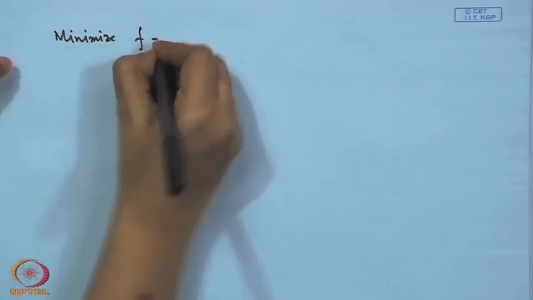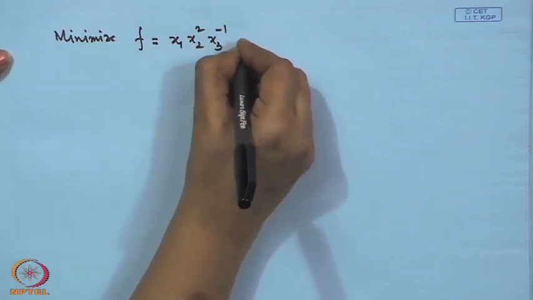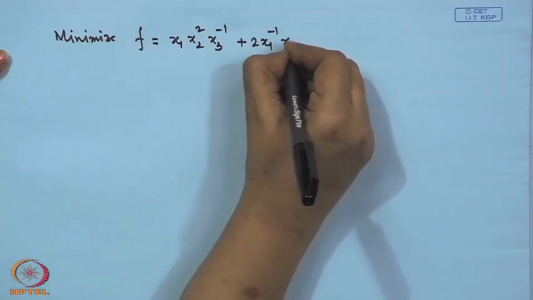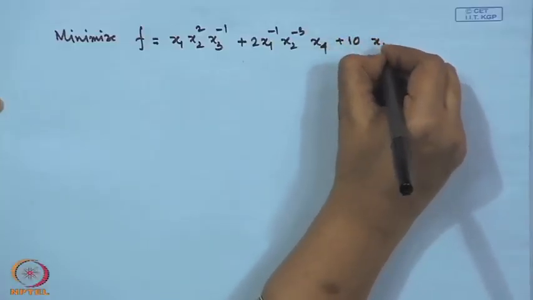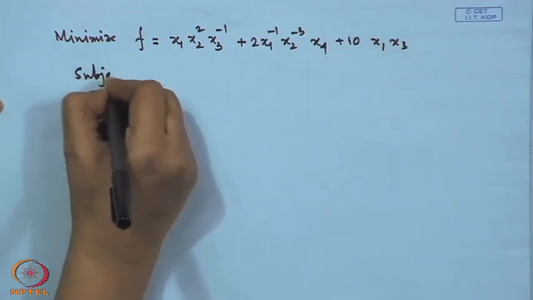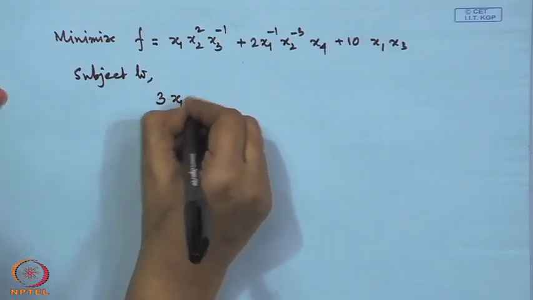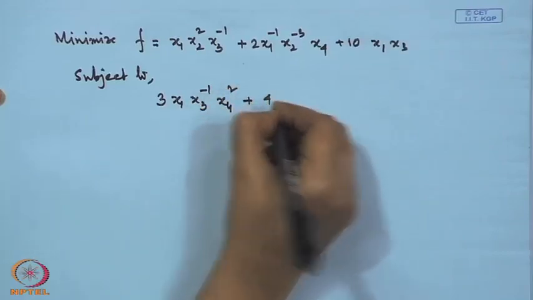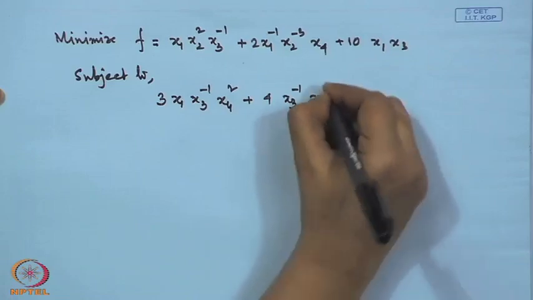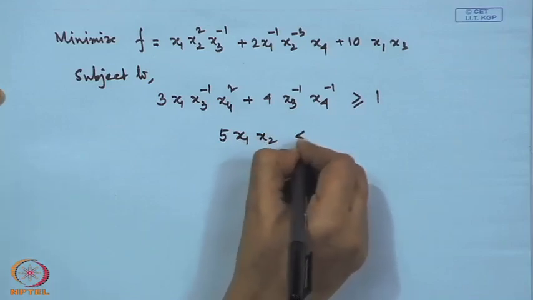We are considering the function f(x1, x2, x3) minus 1, delta 4, subject to two constraints, one of less than type and another of greater than type: 3 x1 x3 minus 1 x4 squared plus 4 x3 minus 1 x4 minus 1 greater than or equal to 1, and another constraint 5 x1 x2 less than or equal to 1.